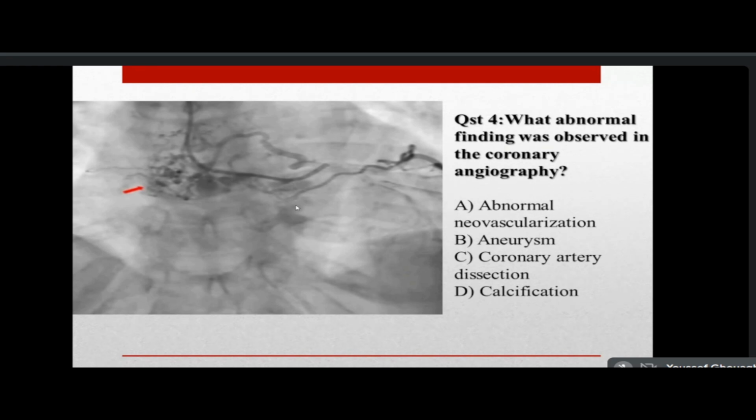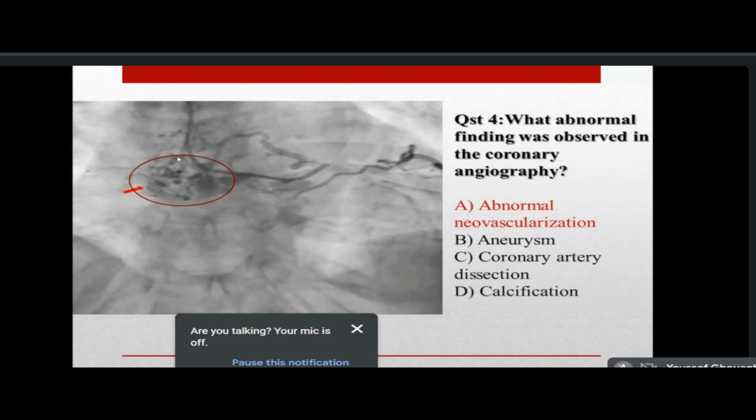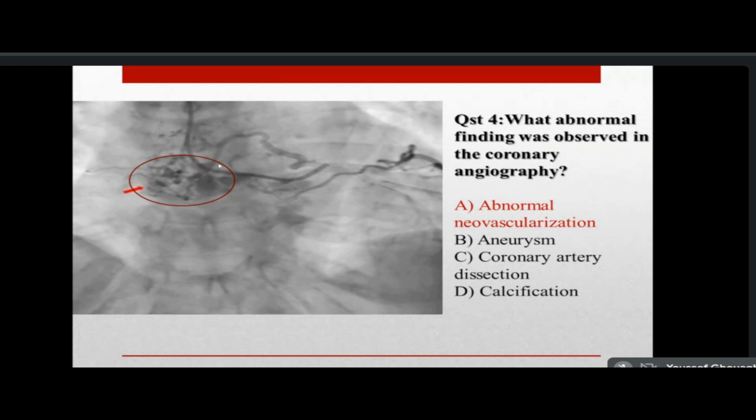So the correct answer, most of you answered correctly. The right answer is an abnormal neovascularization. As you can see here, I already centered it for you. We have here the left coronary artery, circumflex, ascending coronary, and here we have an abnormal neovascularization that suggests a vascularized mass.